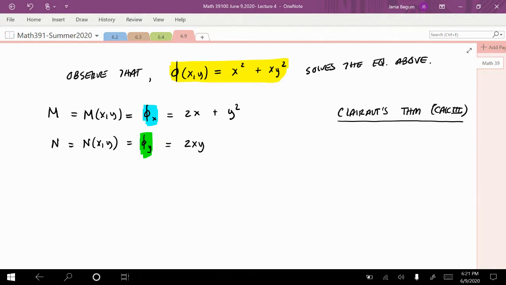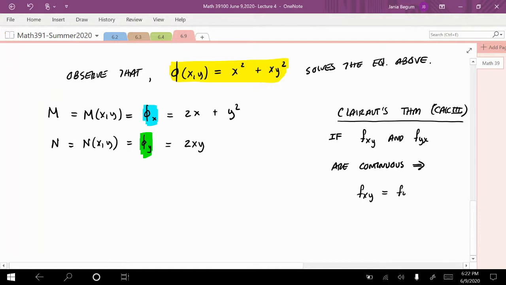I don't remember the full formal statement of Clairaut's theorem, but I'll put it in my own words. It says if the mixed partials, say f of xy and f of yx, are continuous in a region, and you can always talk about more detail, but we just want to get to the idea, then the mixed partials are always equal.